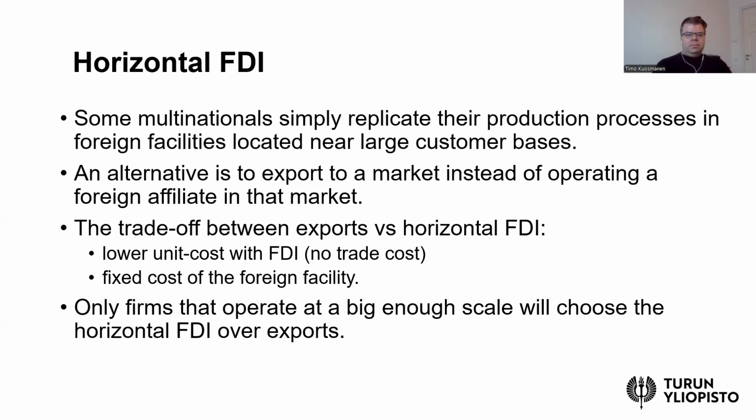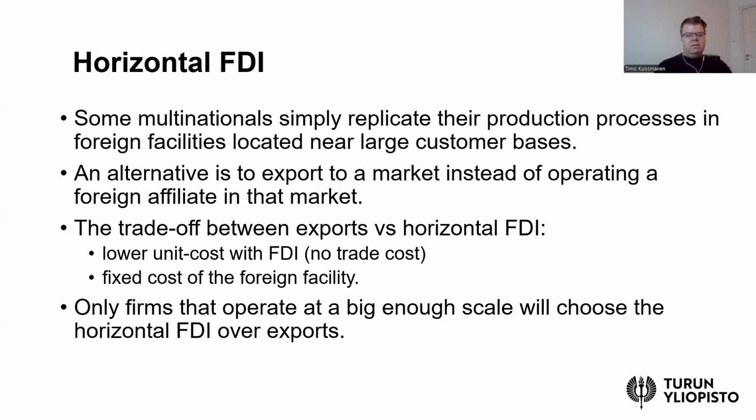If you consider an alternative to exporting to a market instead of operating a foreign affiliate, then with this kind of horizontal FDI, there can be lower unit cost when you have a foreign affiliate because then you have no trade costs. But on the other hand, you have a fixed cost of running this foreign facility.